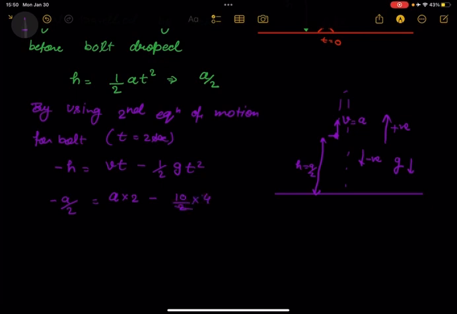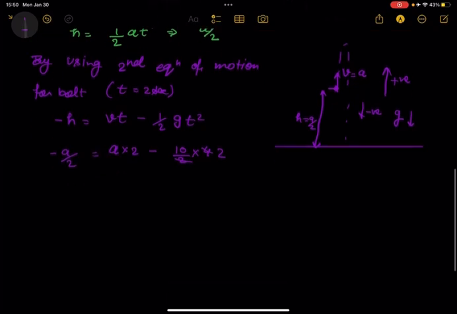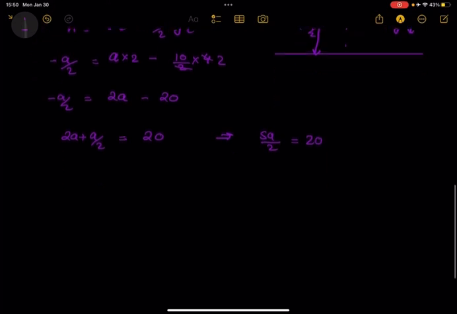Finally, minus a by 2 is equal to 2a minus 20. So 2a plus a by 2 is equal to 20, so 5a by 2 is equal to 20. So the acceleration of the rocket is 8 meter per second square. This is your first option.